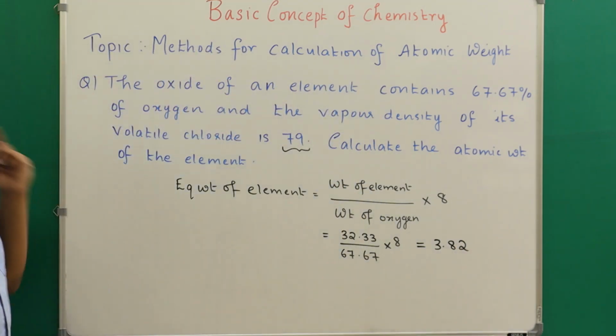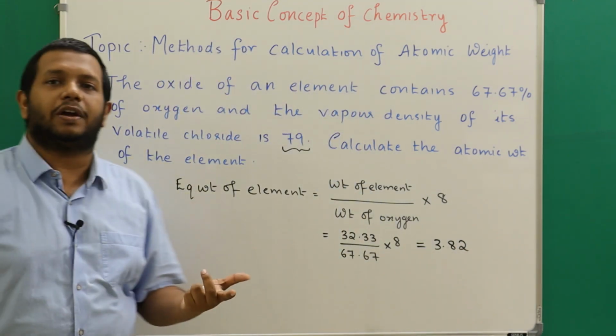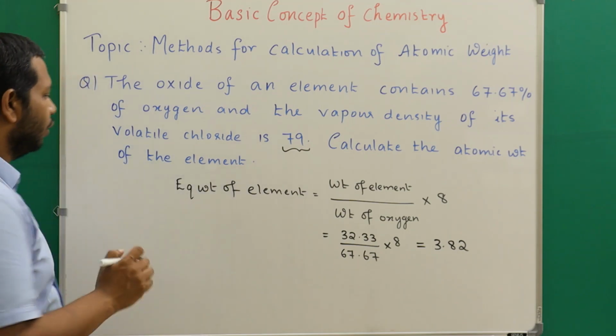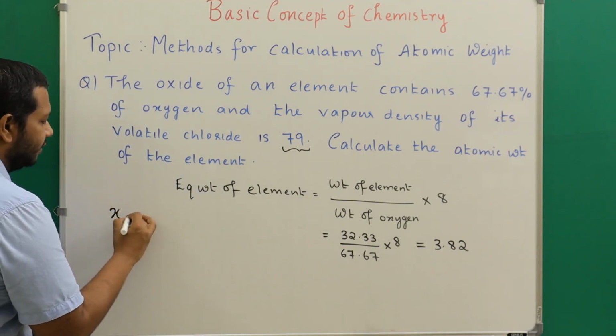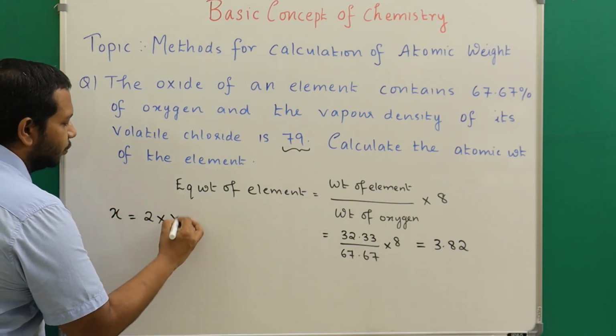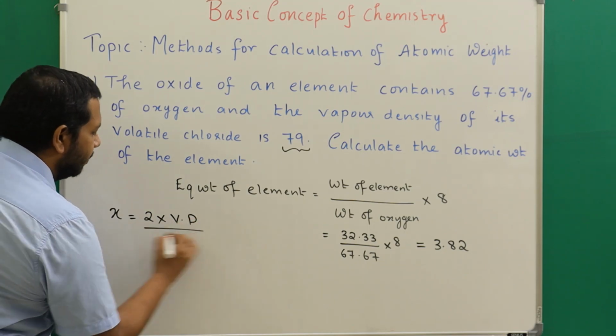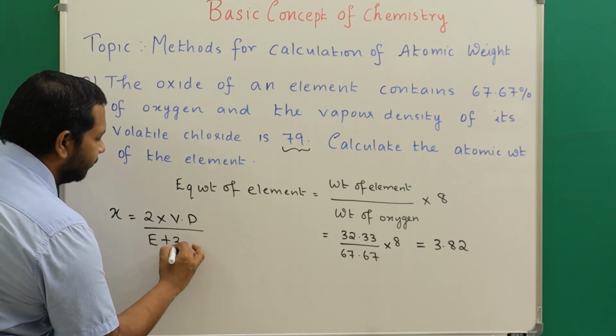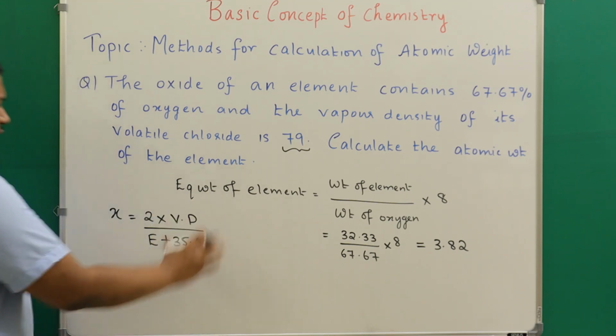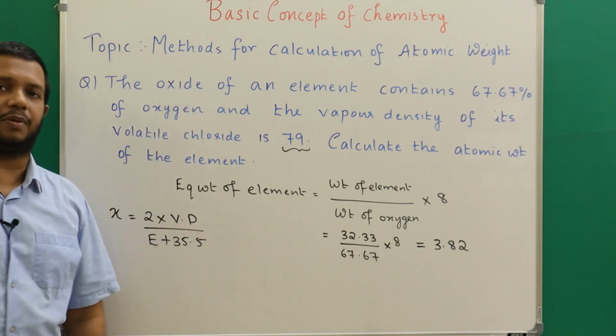Okay. Now we know the equivalent weight. What is the next thing you need to find out? The valency. So we know the valency X is equal to what? 2 times vapor density divided by E plus 35.5. How did I get this formula? We have just seen the derivation.